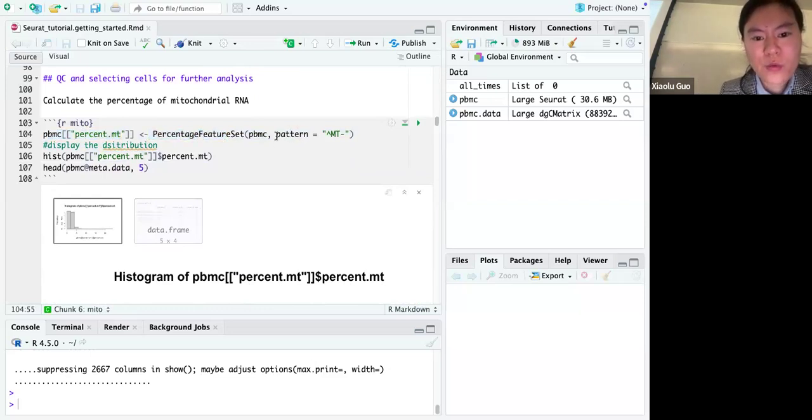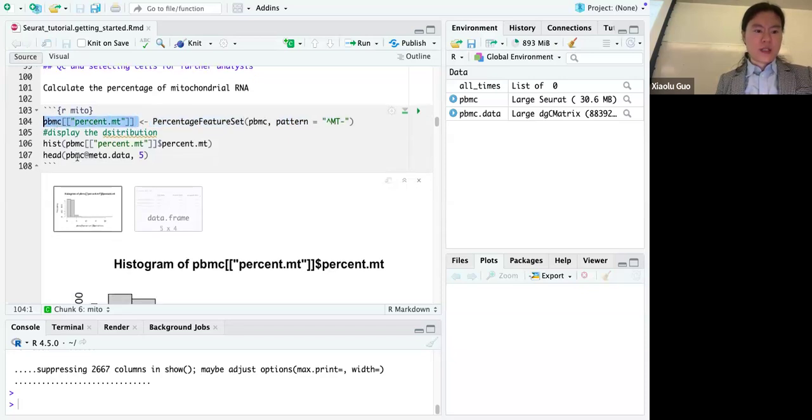What we want is to extract the mitochondria mRNA. Those usually have a pattern of MT. If a gene has MT in its name, then that's usually a mitochondria gene. Then we can calculate the percentage and save it in this object.